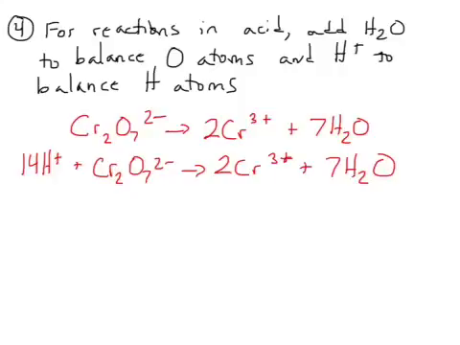Okay. Now we have a half reaction, right? This is just half the reaction, where all of our atoms are balanced. 14 H's, 14 H's, 2 Cr's, 2 Cr's, 7 O's, 7 O's. So we're good. That step is now taken care of. Moving on to step number 5.